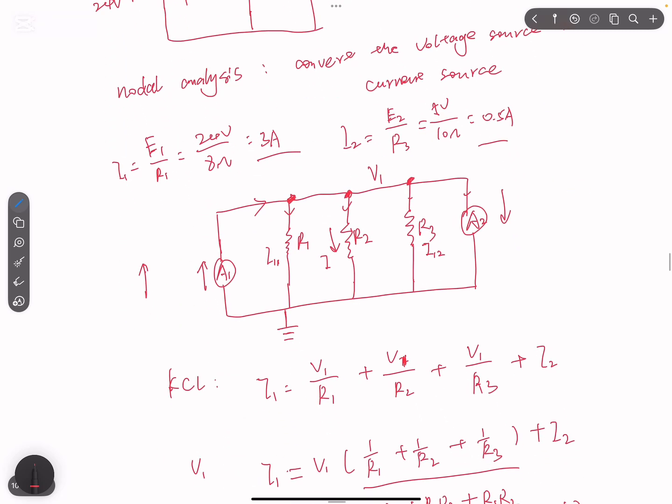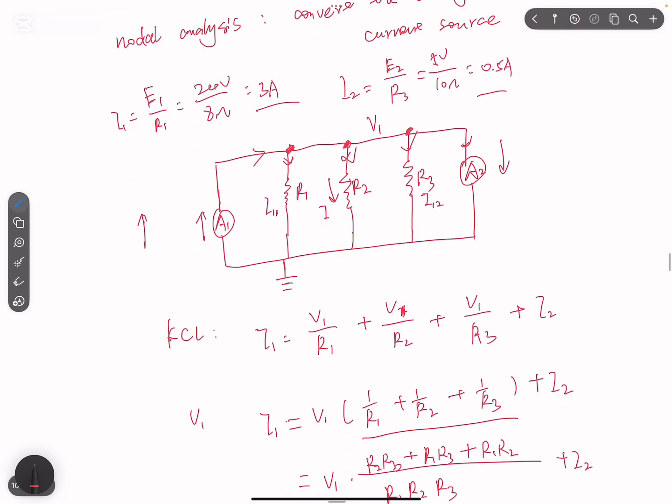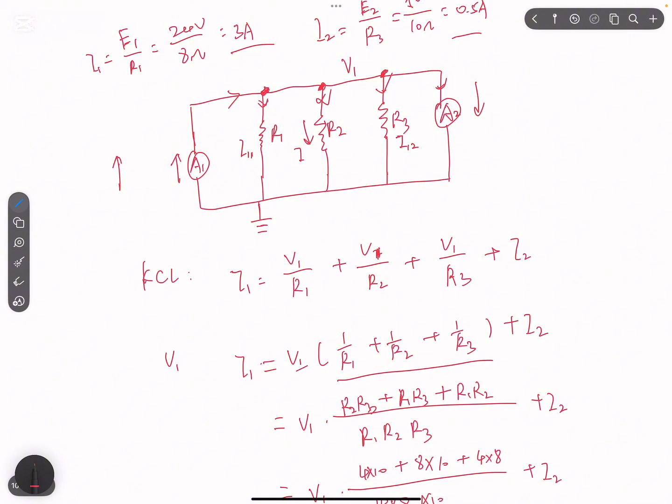Then all the resistors are in parallel. Then we use KCL, the Kirchhoff current law. So the total current I equals the current flow for this one, and also this one. After we build the equation, we can solve for V. After we get V, we can get the current for this branch, it's going down. We can get the current for this one. We can even get the current for this one.